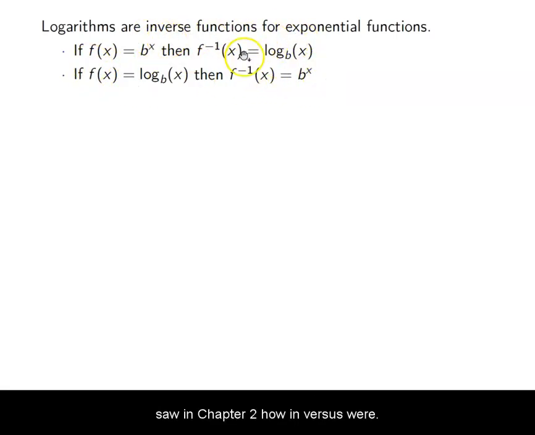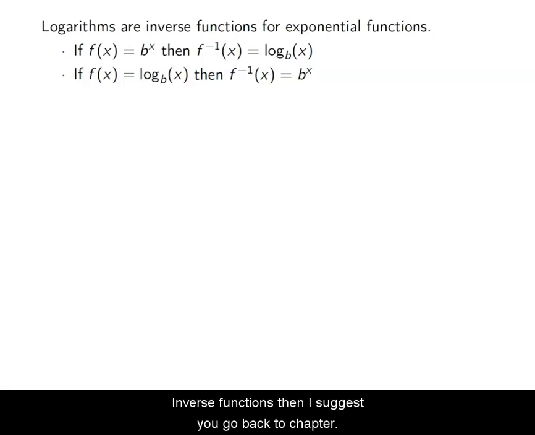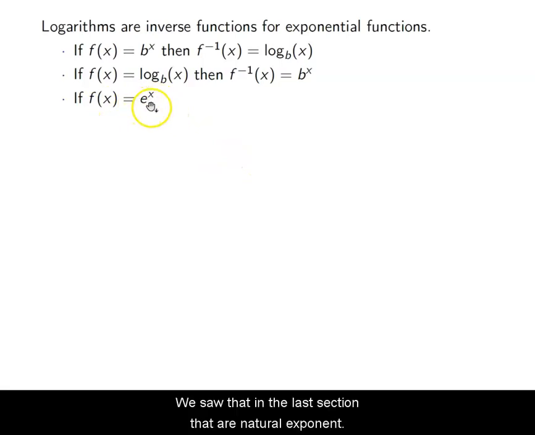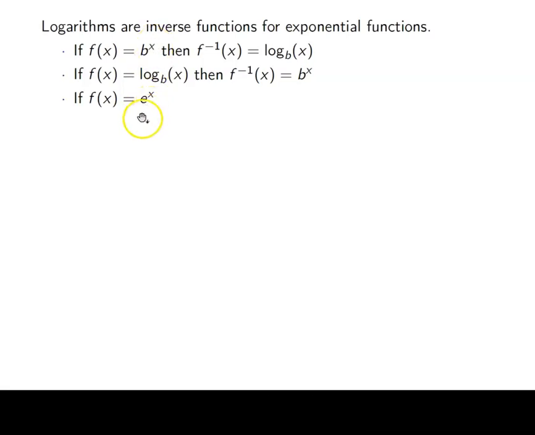We saw in chapter 2 how inverses work. So if you're fuzzy on inverse functions, then I suggest you go back to chapter 2, I think it was 2.5 or something to that effect, to brush up on your inverse functions. Okay, now we saw in the last section that our natural exponent e is a natural exponential function.